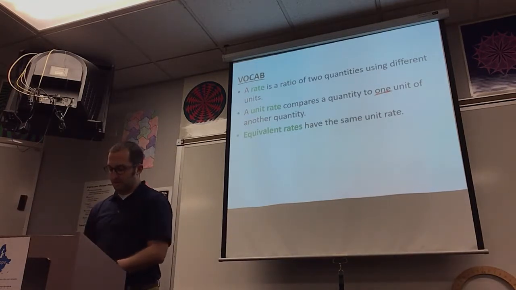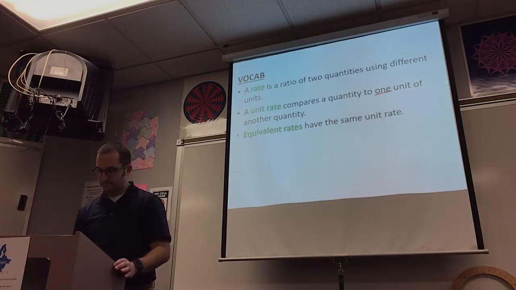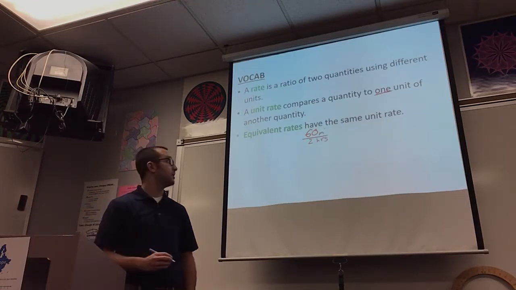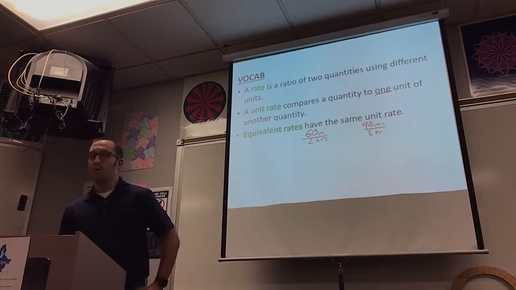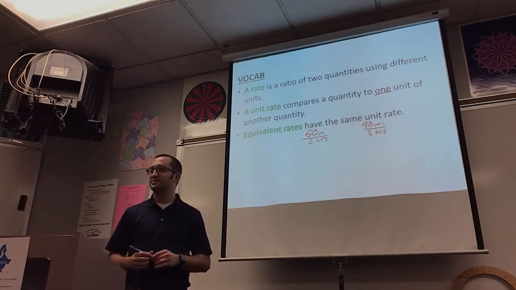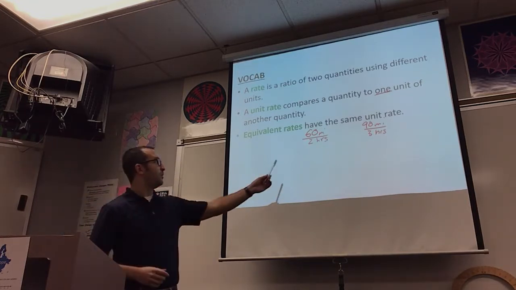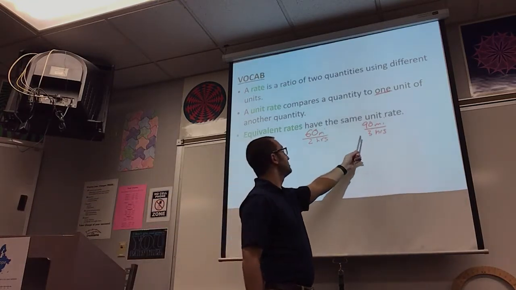There was an example that we had in our notes last time that said they drove 60 miles in 2 hours, and 90 miles in 3 hours. Why are these equivalent rates?